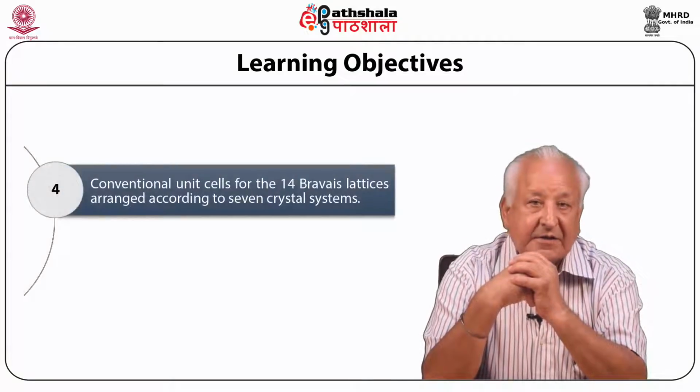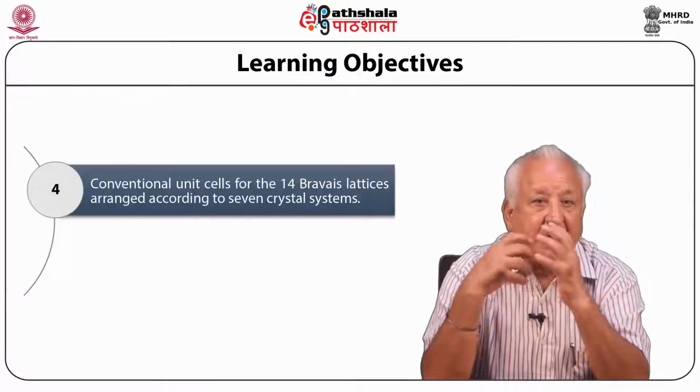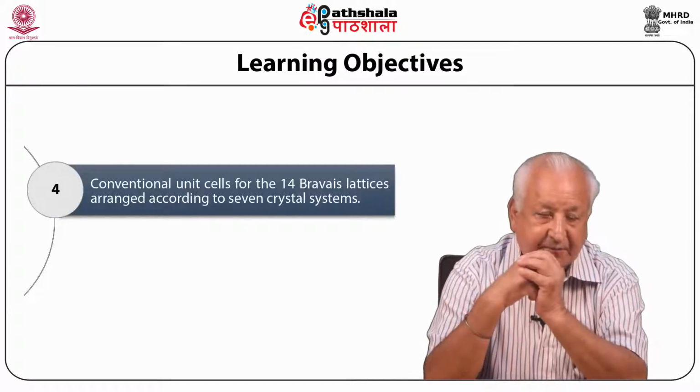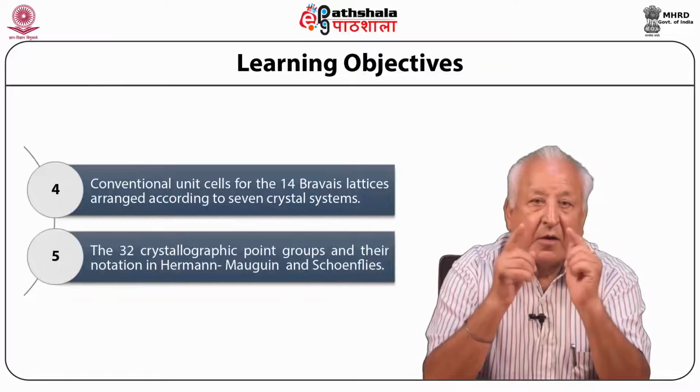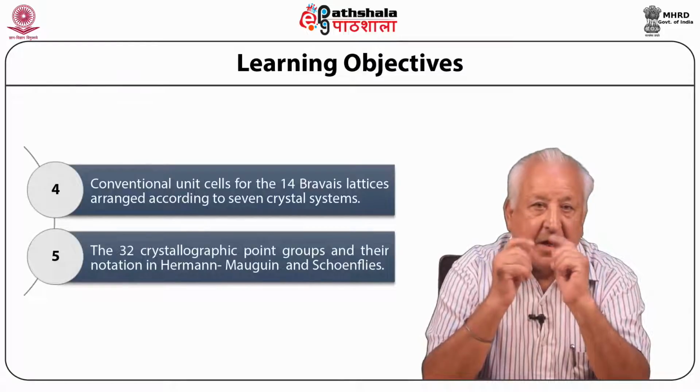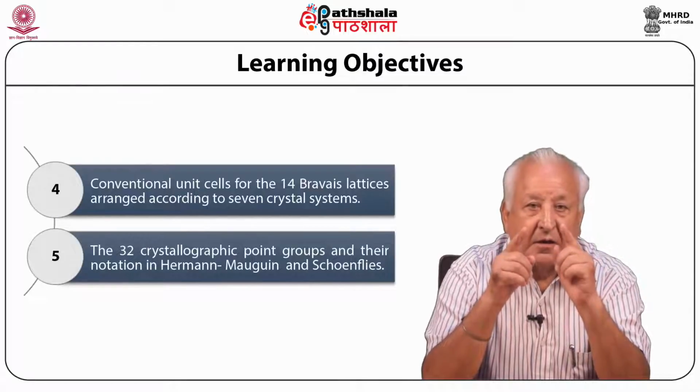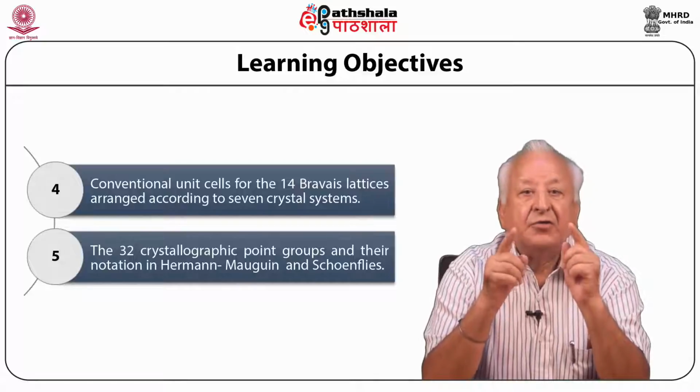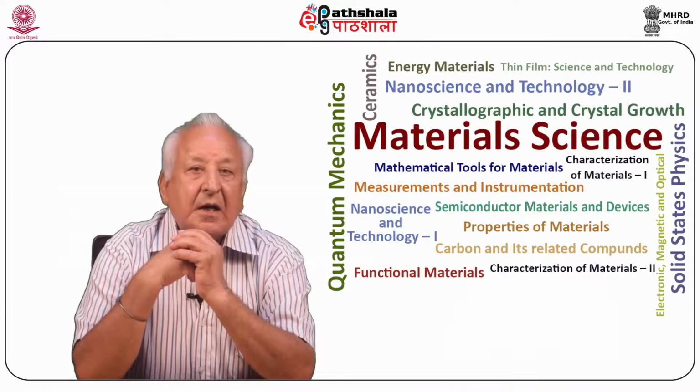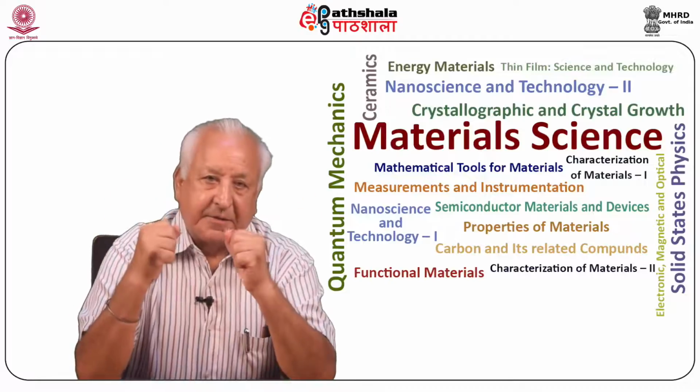Conventional unit cells for the 14 Bravais lattices arranged according to 7 crystal systems. The 32 crystallographic point groups and their notation in Hermann-Mauguin and Schoenflies notation. Lattice and crystal structure.